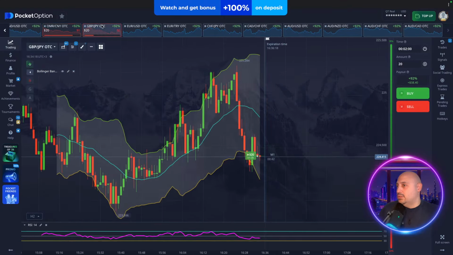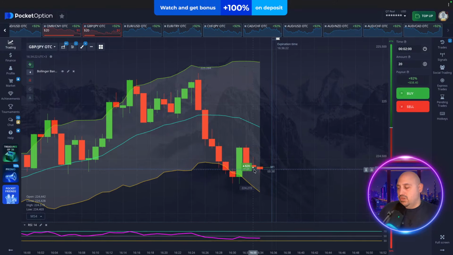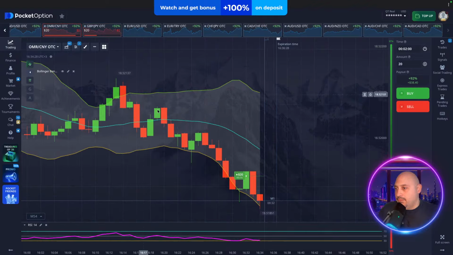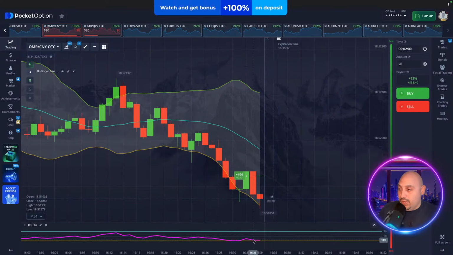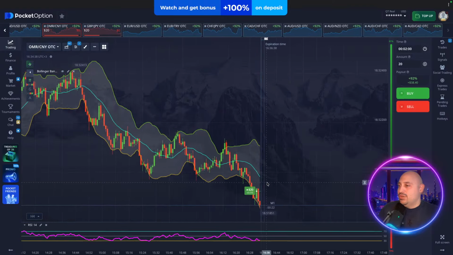Clear downtrend. Very close to my opening price over here. 1 minute 20 seconds on the clock. 15 seconds over here, and I still see wicks. RSI is already showing me oversold, but I think the trend is what kills it.